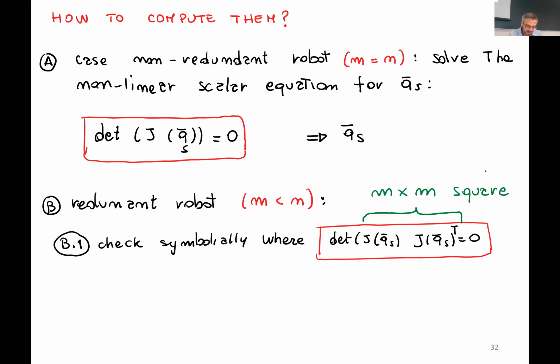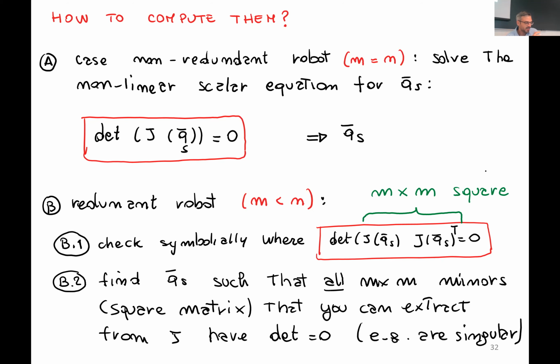The problem is that if you do that symbolically for a big number of degrees of freedom, the MATLAB symbolic toolbox explodes and quickly becomes intractable. The other way we could use is to exploit the definition of determinant and find the configurations such that all the square minors that you can extract from the Jacobian have determinant equal to 0.